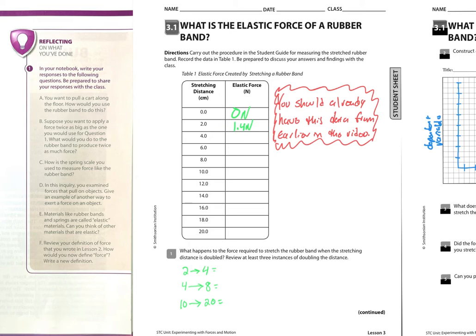All right, in another sentence, describe what happens when you went from 4 centimeters to 8 centimeters. And then a third sentence, describe what happened when you went from 10 centimeters to 20 centimeters. So keep these very simple and just describe what happened. All right, pause the video to do that if you need more time.